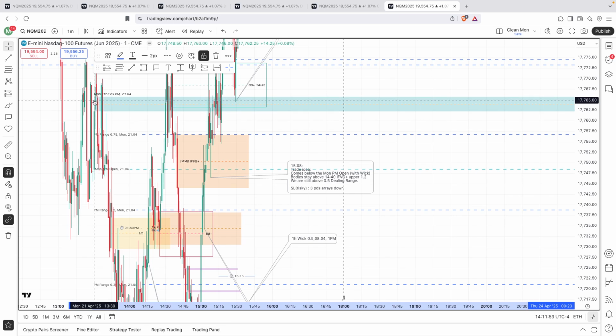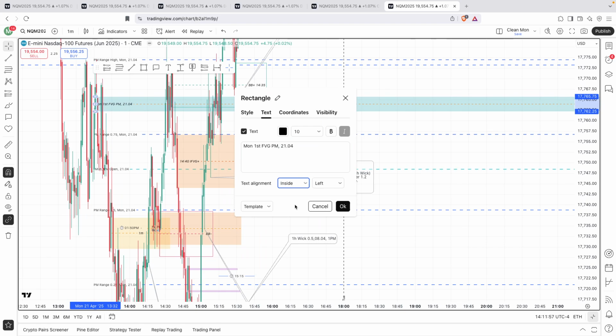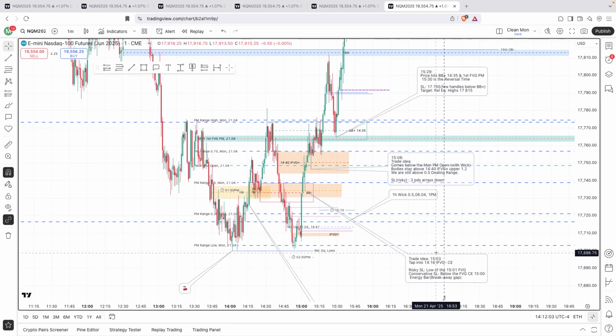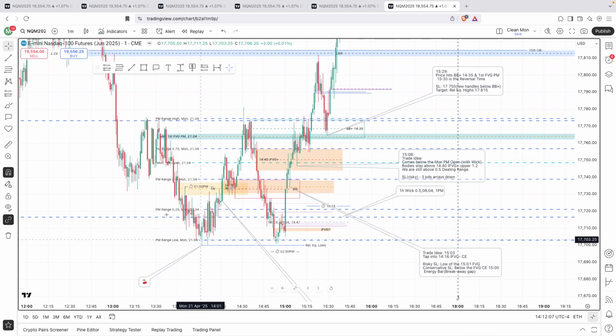So 1:31. And here we can see some setup. Over here we have a nice setup, where price has been taking the buy-side liquidity and coming inside this order block, and then price came lower.